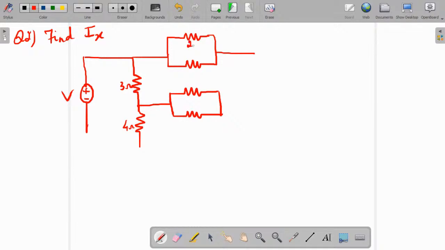This is 2 ohm, this is 4 ohm, again this is 2 ohm and 4 ohm. Okay, that's all.